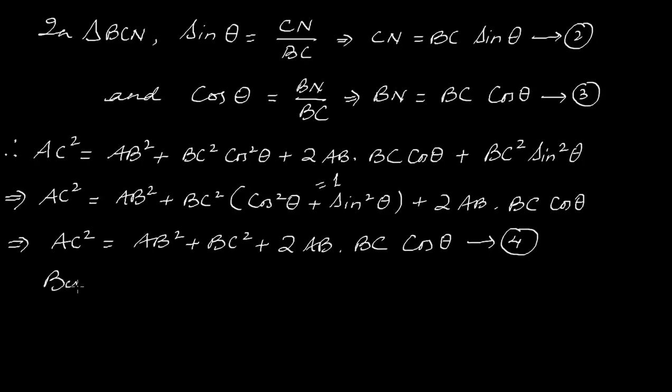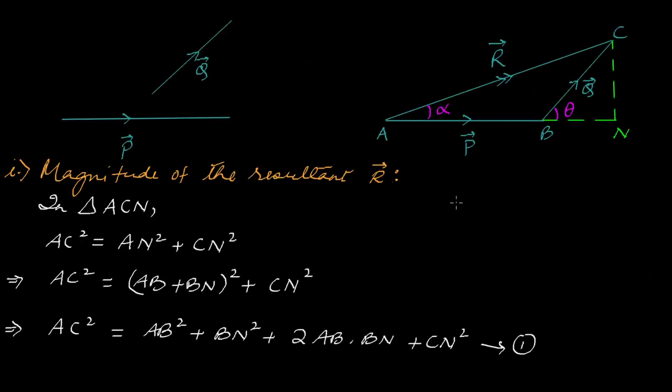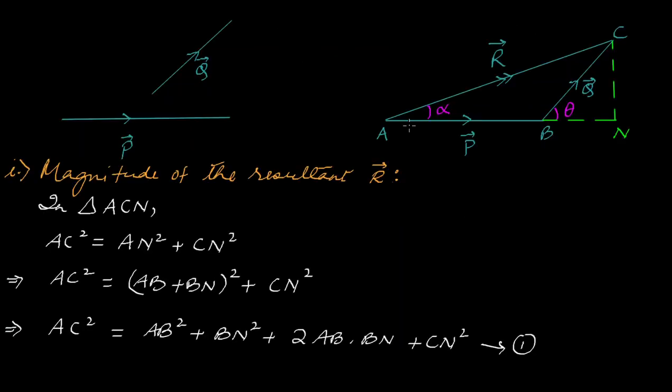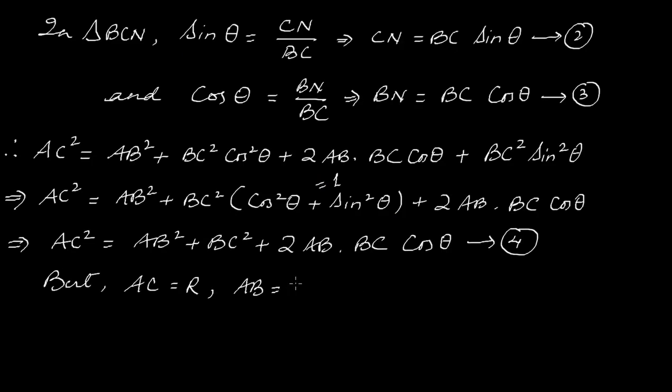But what is AC? Look at the diagram. AC here is R, the magnitude of R. What is AB? AB is the magnitude of P. And what is BC?